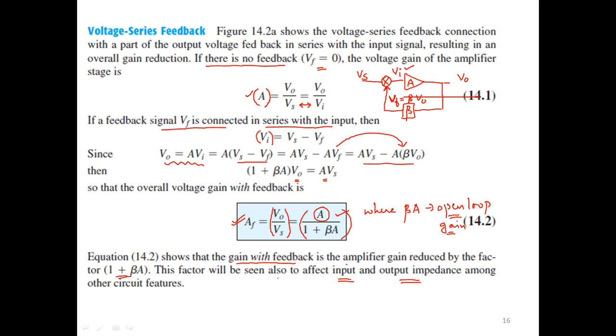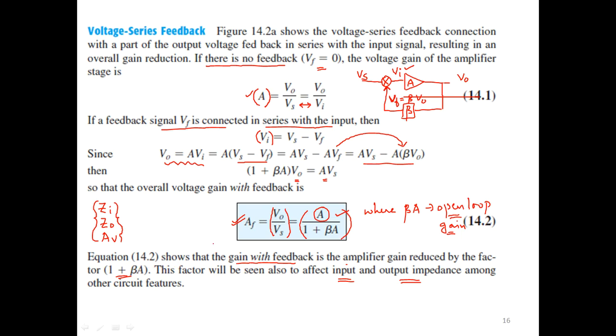Hope you remember when we were studying small signal analysis of various configurations, there were 3 very important parameters. The first was input impedance, the second was output impedance, and the third was voltage gain. These 3 parameters are extremely important.